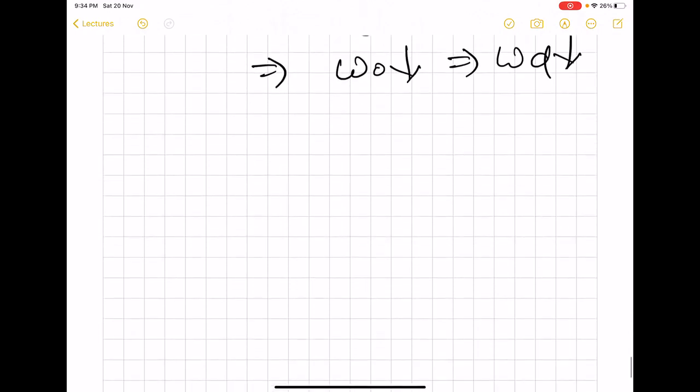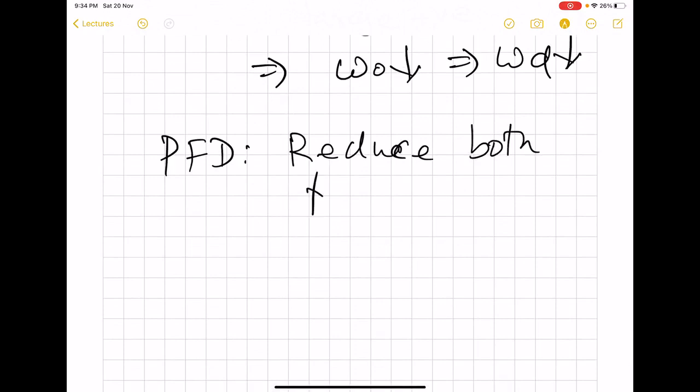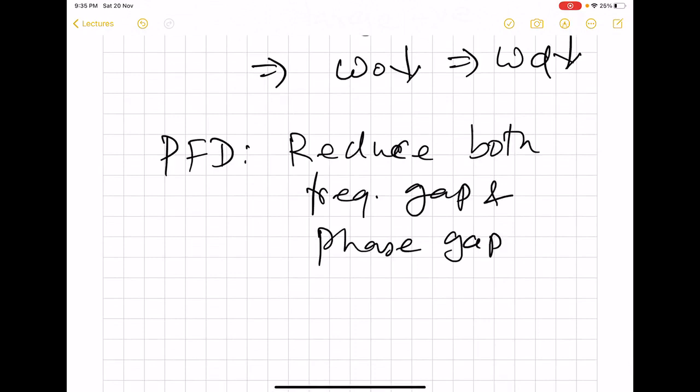So we see that this PFD will try to reduce both the frequency gap and phase gap or error. So both of these mismatches or errors between the two signals will be minimized. But ultimately the frequency will be made equal also.